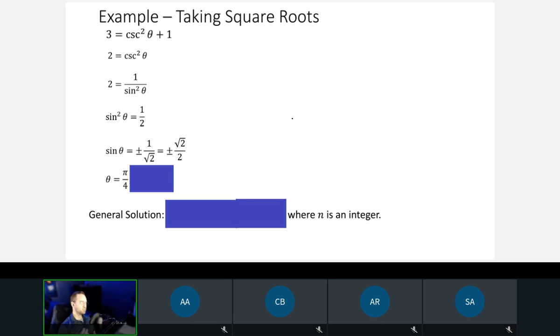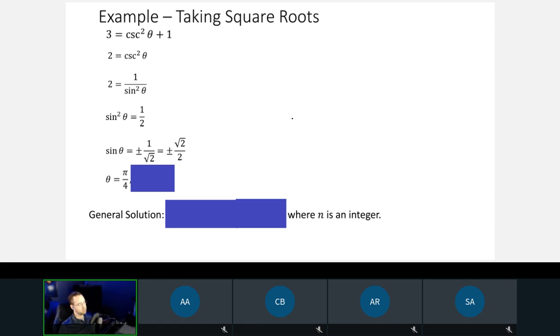So the question is, what is the angle when your y value, because sine is y, is either plus or minus radical 2 over 2? Ooh, I'm actually missing some of my answers.